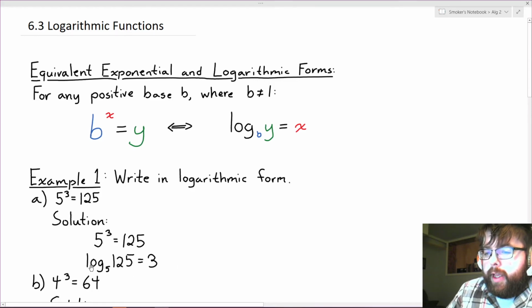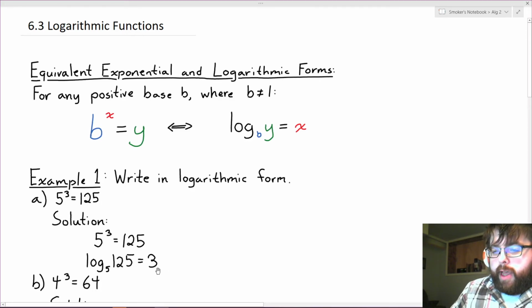A way to think about log: if I said evaluate log base 5 of 125, and we didn't know the answer, one way to think about it would be, 5 to what power gives me 125?